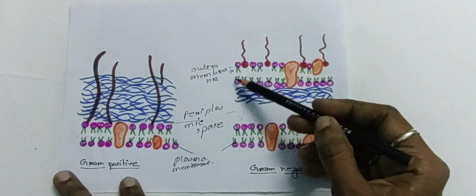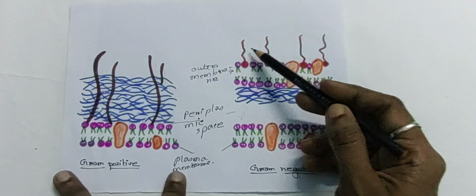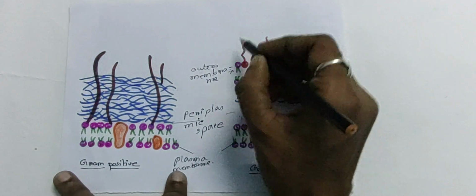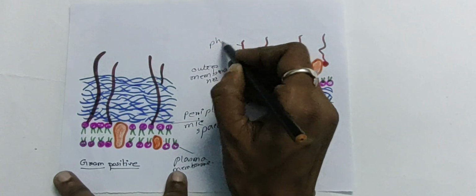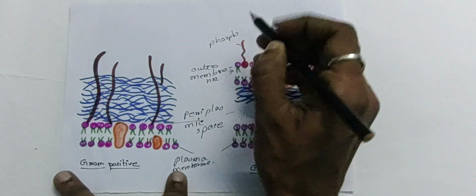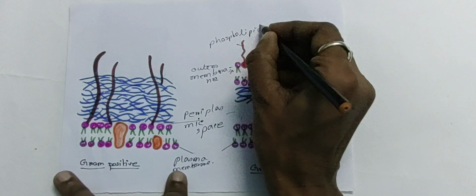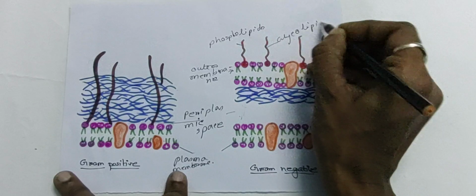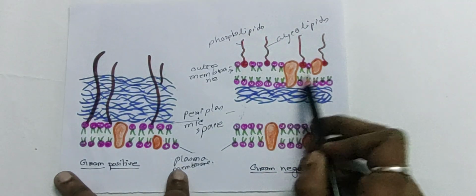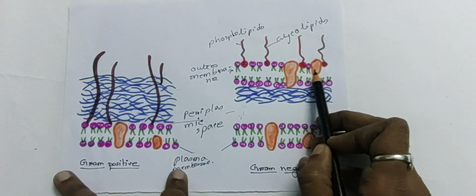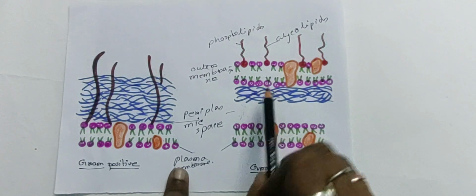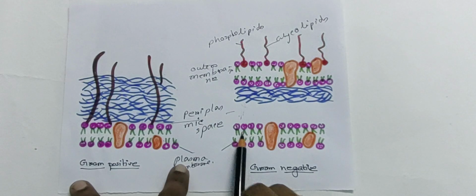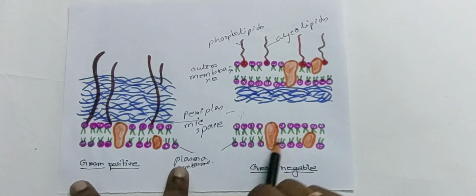Above the outer membrane, they have phospholipids and glycolipids. And there are some integral proteins present within the plasma membrane. So this is the outer membrane, and this is the inner membrane or plasma membrane.